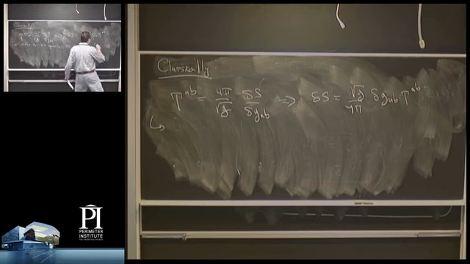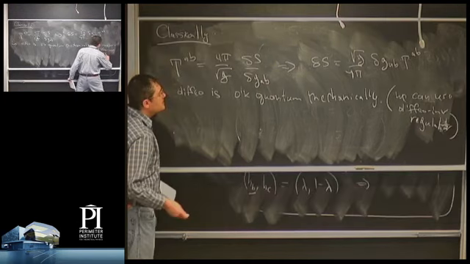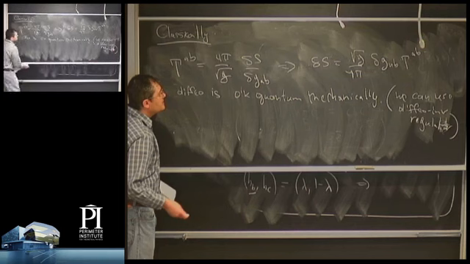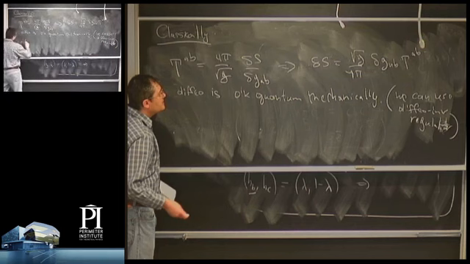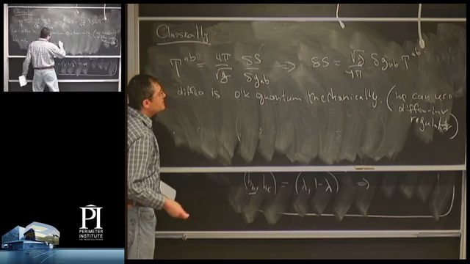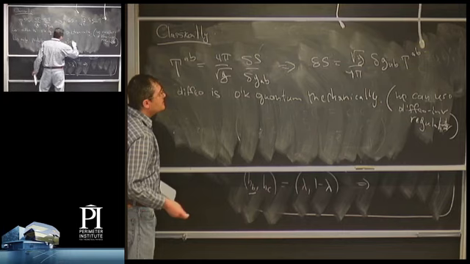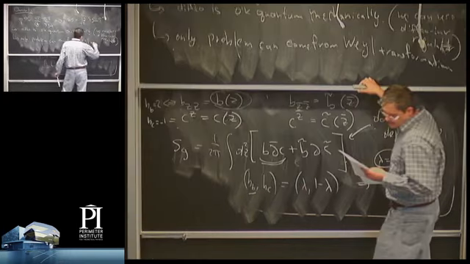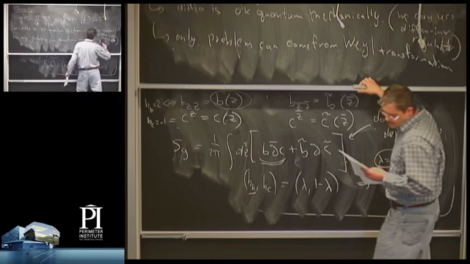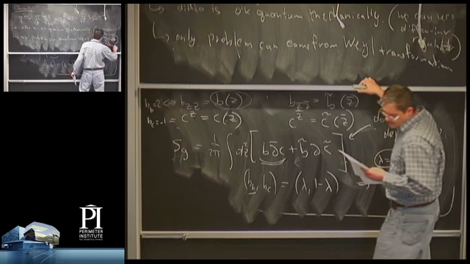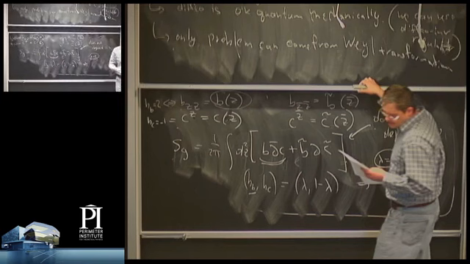And the reason, again, is that we can use a regulator that preserves it when we compute loop corrections. And the only problem can come from Weyl transformations.